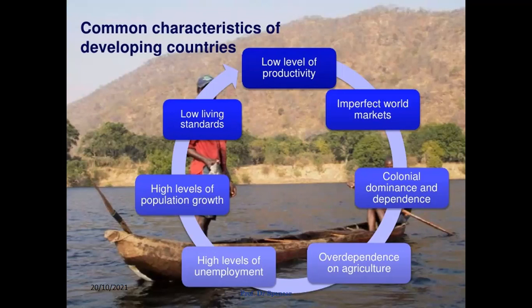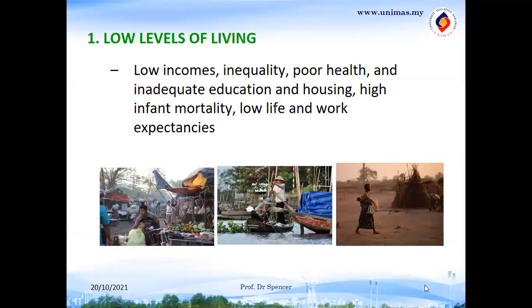Okay, so we will look at this briefly. All right. Number one, low levels of living, low living standard. So low incomes, inequality, poor health, and inadequate education and housing, high infant mortality, low life and work expectancies.